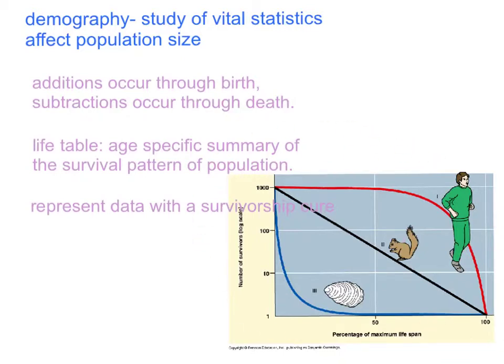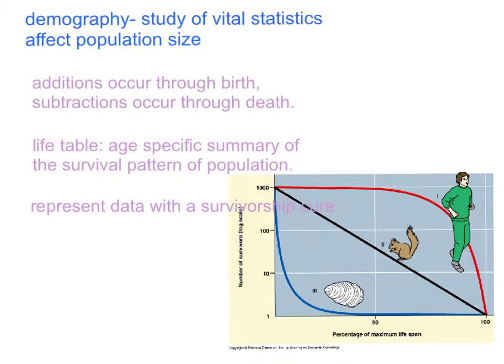Now, with type 1, you see a human, and basically this graph right here shows that we have a low death rate in the early lifespan, which is right here. And then we slowly start to come down. For type 2, for the squirrel, it's basically a constant death rate over the lifespan, so it goes both ways.